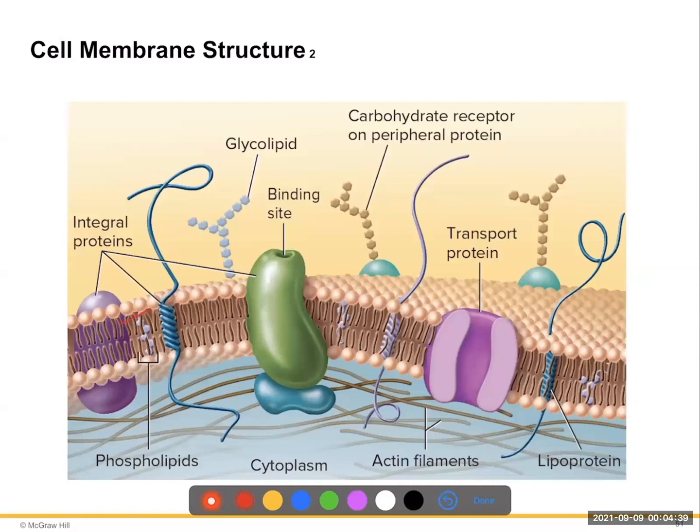These are all your phosphate heads and these are your fatty acid chains, so it's all negative charges here and neutral charges inside. You have glycolipids and transport proteins, which grab things like glucose and push them inside. Different gateways allow waste to go out of the cell.